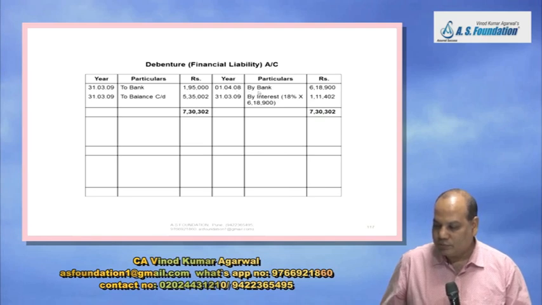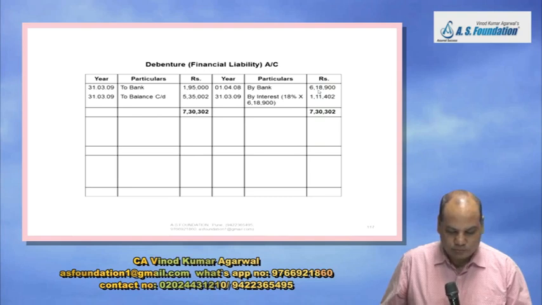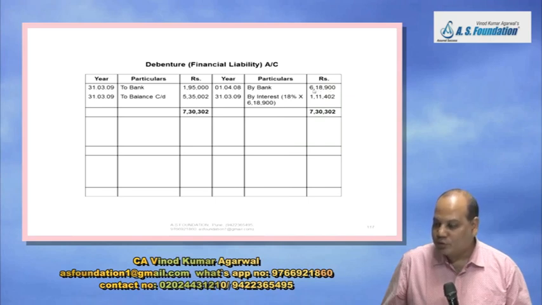1/4/2008, by bank. The amount you have allocated to debenture. How much you have allocated to liability? 6,18,900 or a similar amount. As per your notebook, it should match.